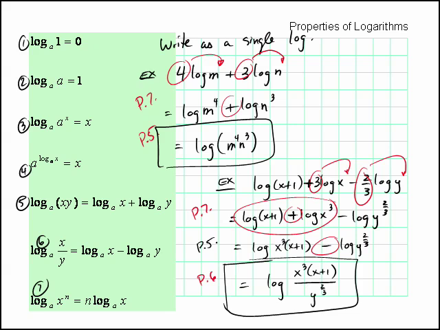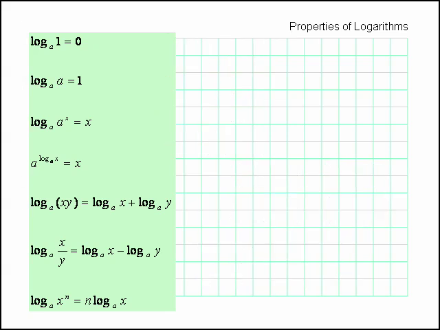Okay, just one more here. Write as a single log. 5 natural log 2 minus 2 natural log 3. Natural logs work just like regular logs.